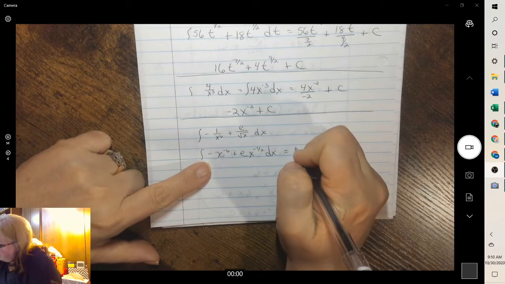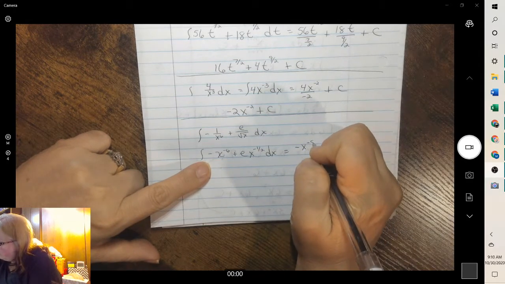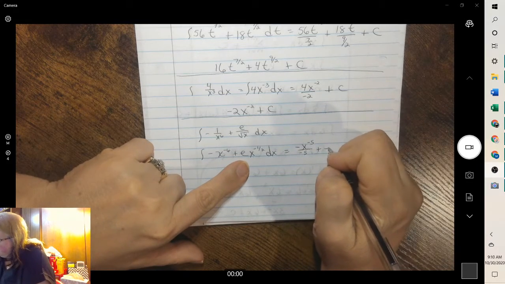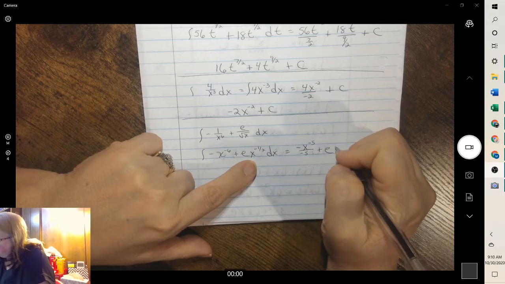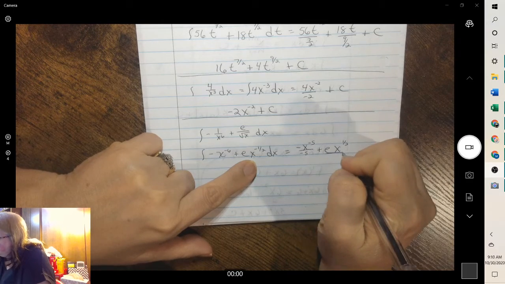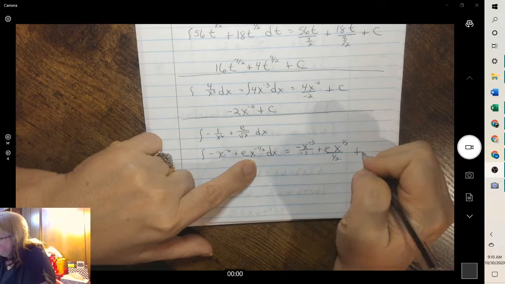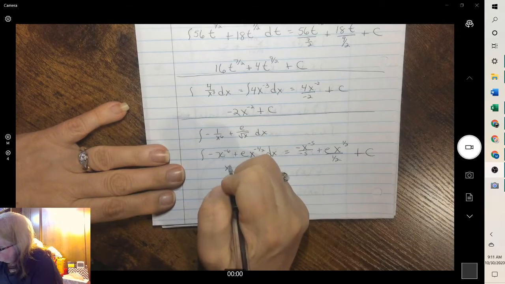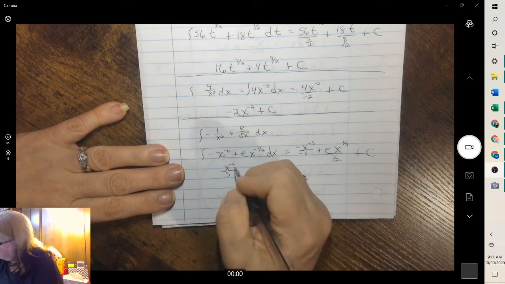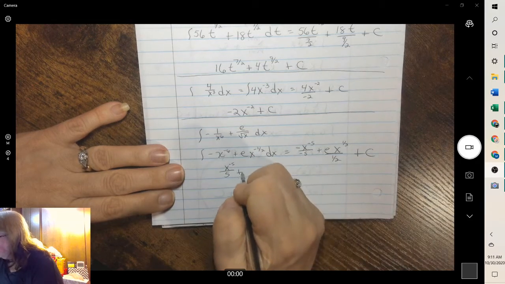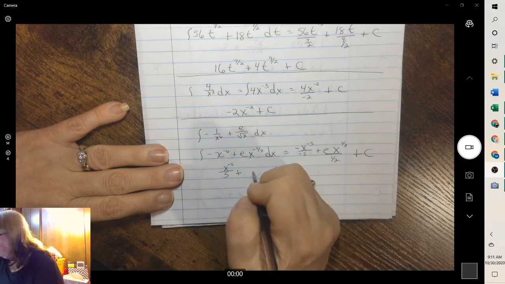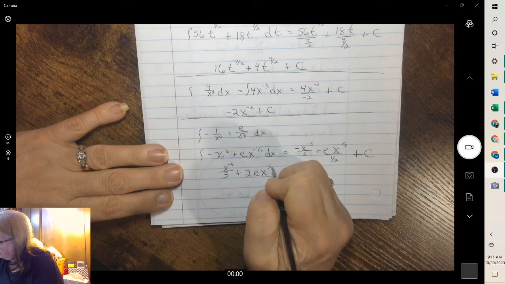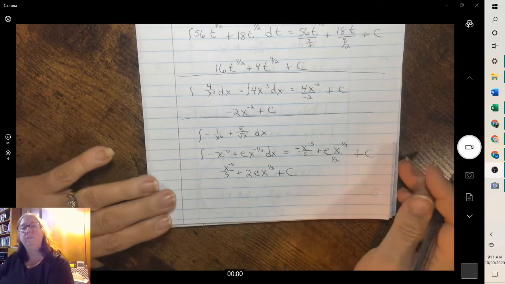Adding 1, then we have a negative x to the -5 over a -5 plus e. Adding 1, we get x to the 1/2 divided by a 1/2. Negative is a positive. x to the -5 over 5, or you could bring that down, plus 1/2 flipped is 2e x to the 1/2.